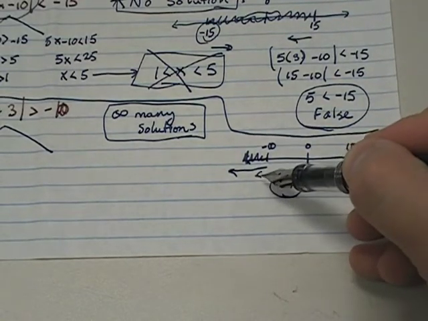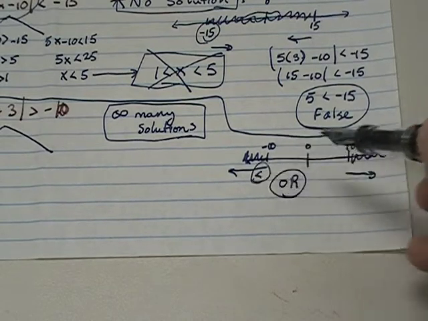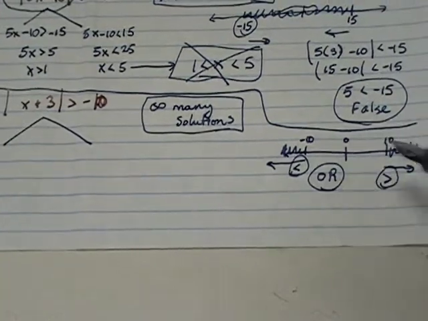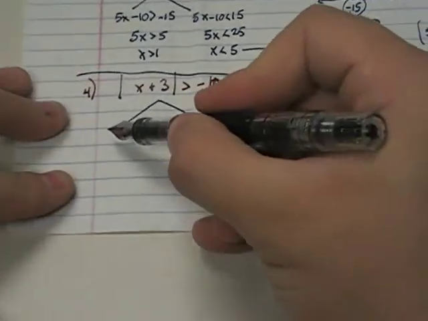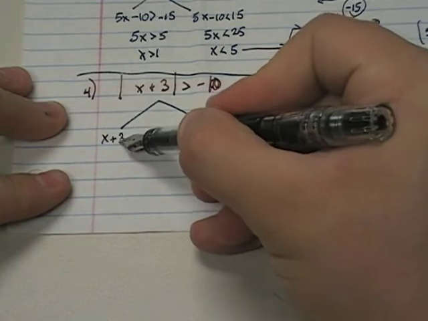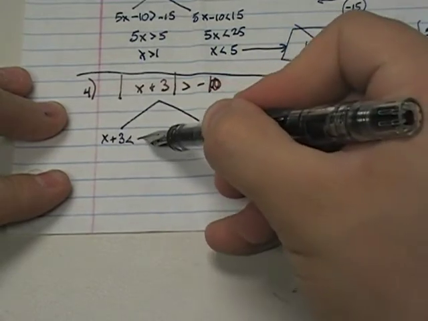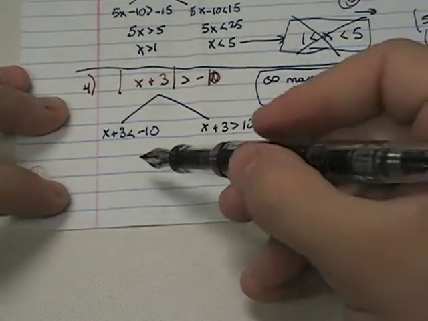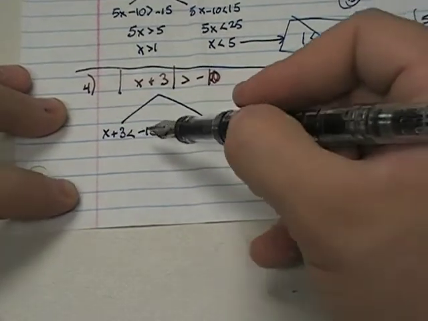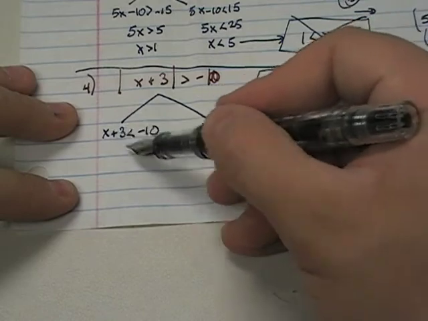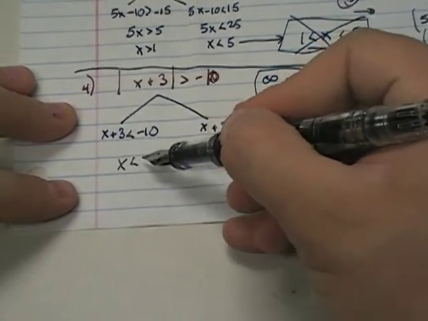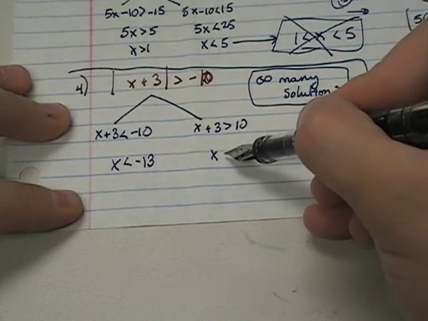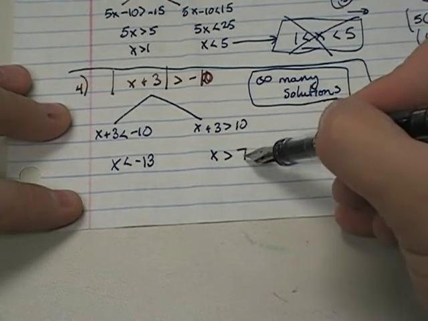It has to be less than negative 10, or greater than 10. So I write x plus 3 less than negative 10 or x plus 3 greater than 10. We subtract 3, and we get x less than negative 13 or x greater than 7.